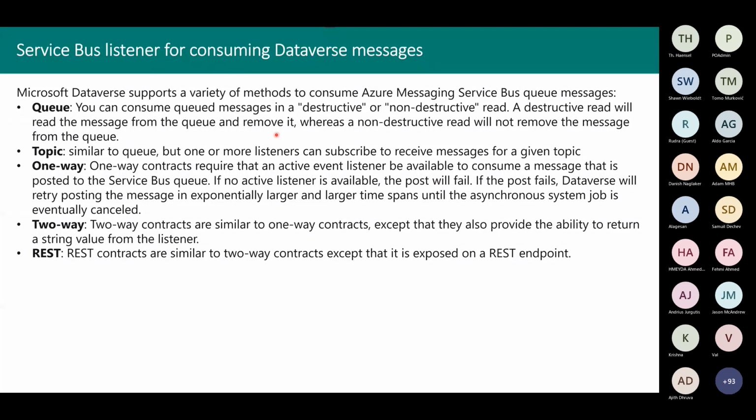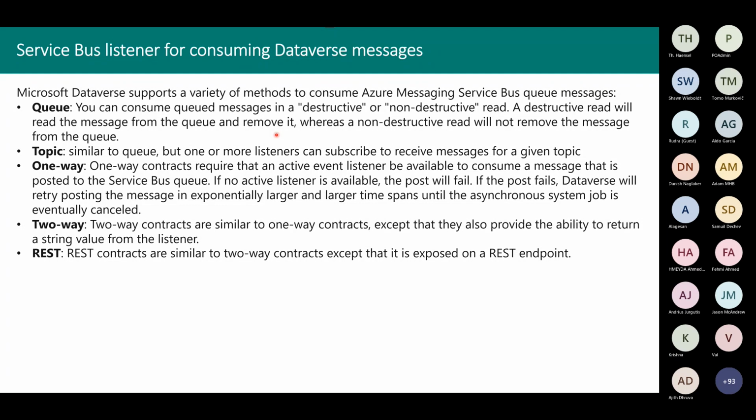And you can also have other, less used ways, like one-way and two-way listeners. A one-way listener is able to consume a message, and if no one is listening, Dataverse starts resending the message again with an exponential delay.